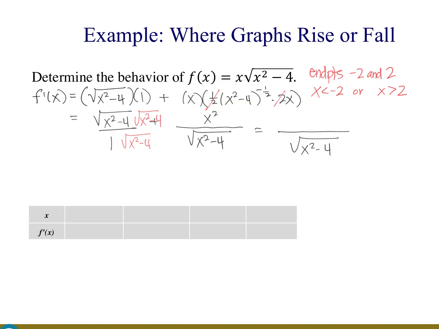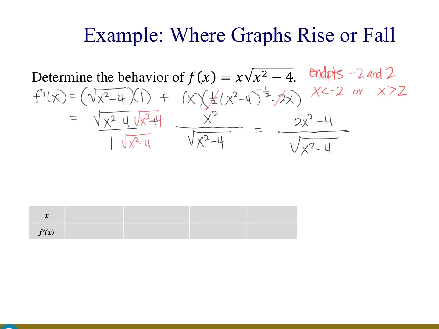The common denominator is rad x squared minus 4. The numerator becomes x squared minus 4 plus x squared. That's rad x squared minus 4 times another rad x squared minus 4. That makes regular x squared minus 4 plus x squared. So if you don't mind, I'm just going to put that all together and say that that is 2x squared minus 4.